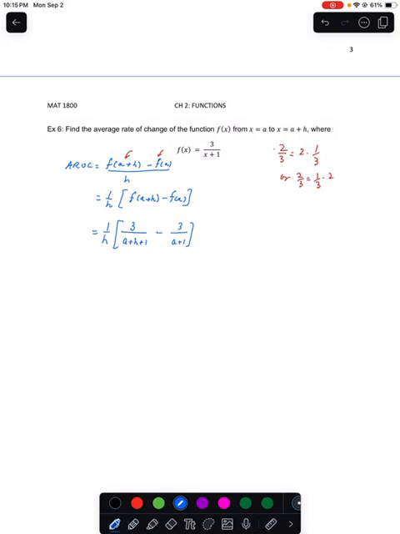So now what do we see? We see two fractions being subtracted. So what do we do then? We do the common denominator, which in this case will be just the product of the two denominators.